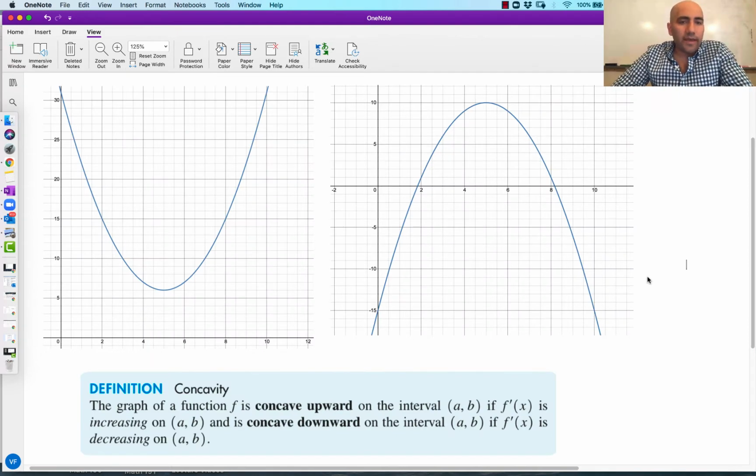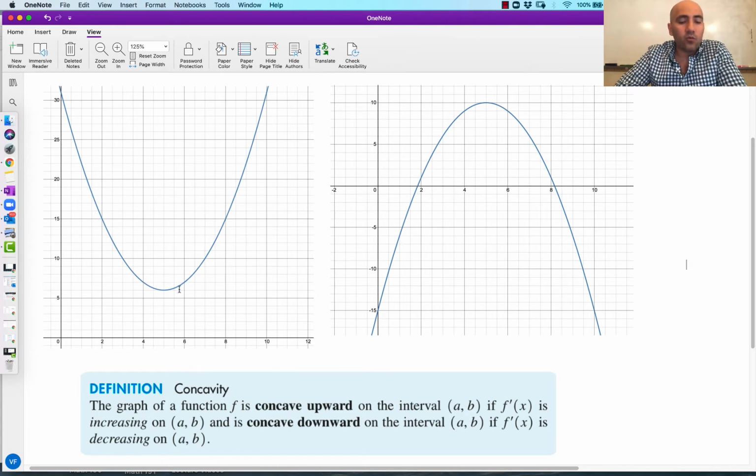Okay, so all that leads us to our definition of concavity. When a graph has a shape that looks like a U shape, it's like a parabola, but a parabola is directly associated with a particular equation, and it doesn't have to be that. It just has this kind of U shape.